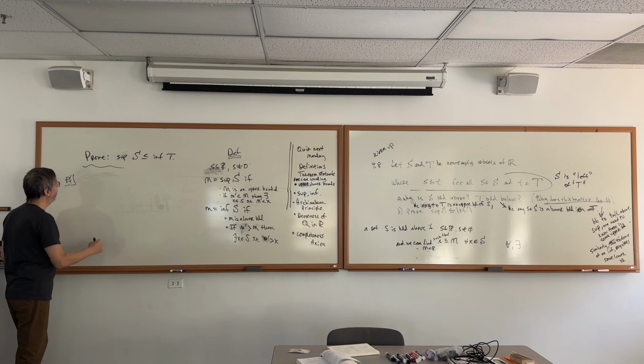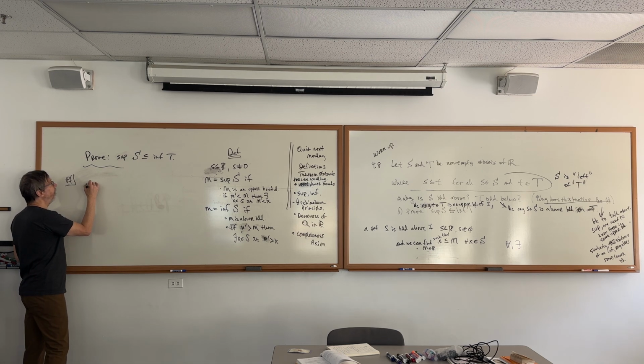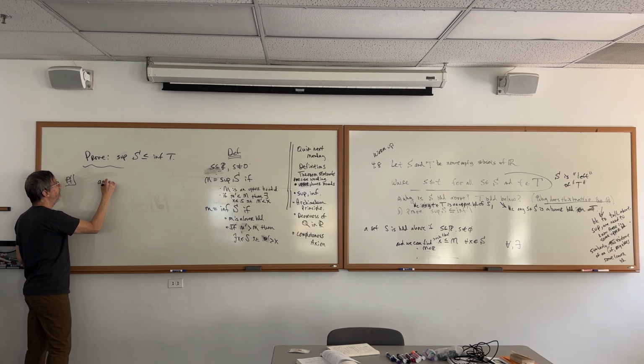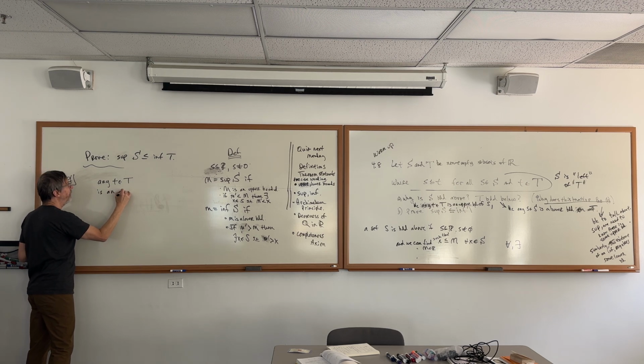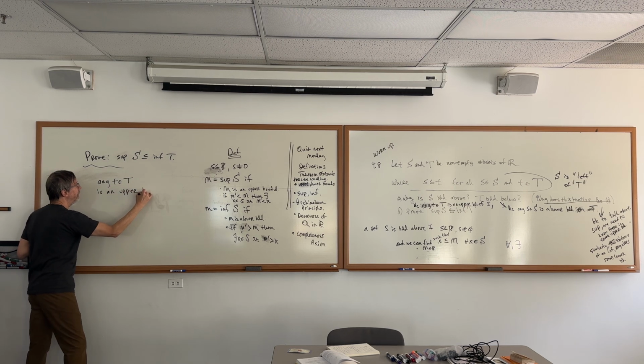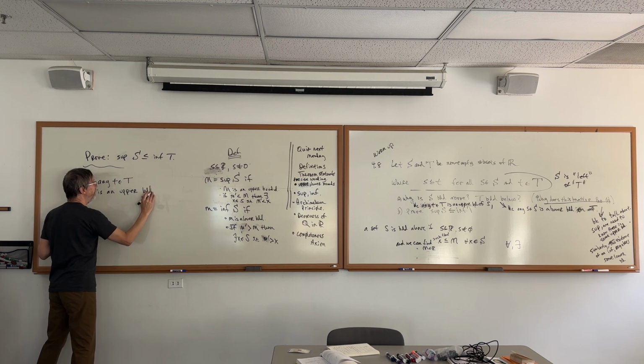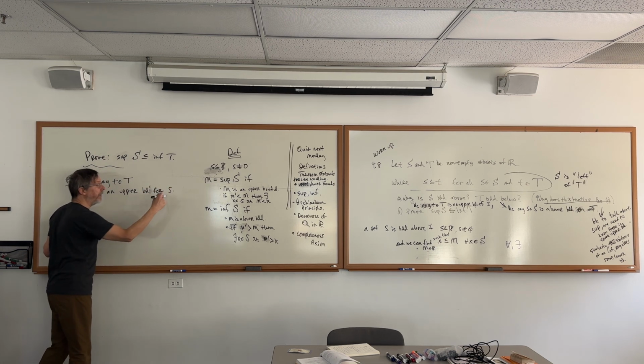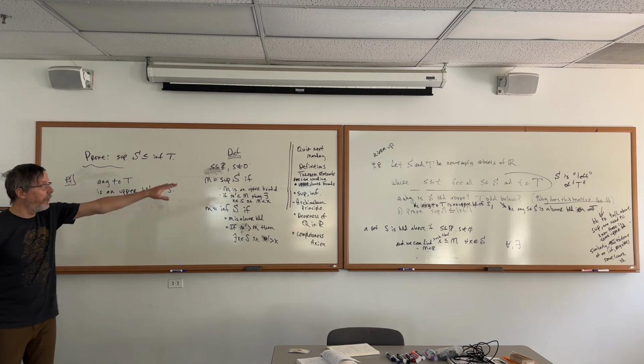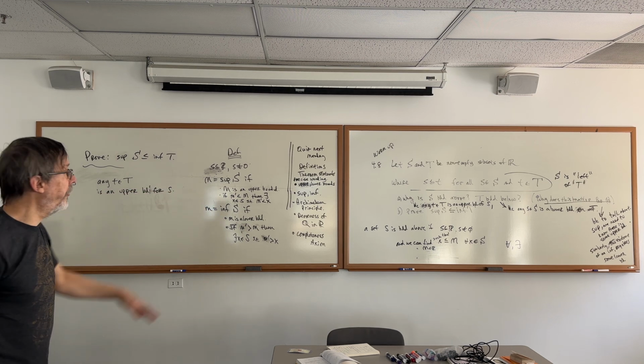First off, we know that any t in T is an upper bound for S. We kind of already talked about that, right? We're still working with those definitions up there.